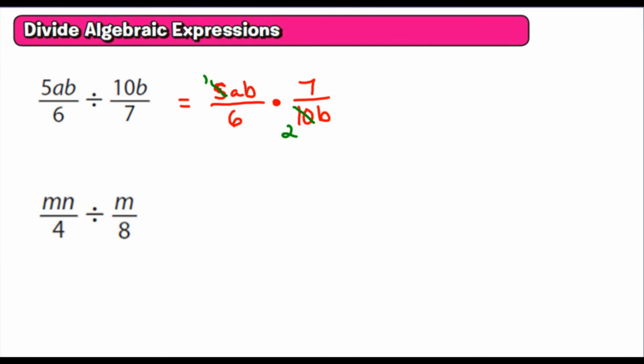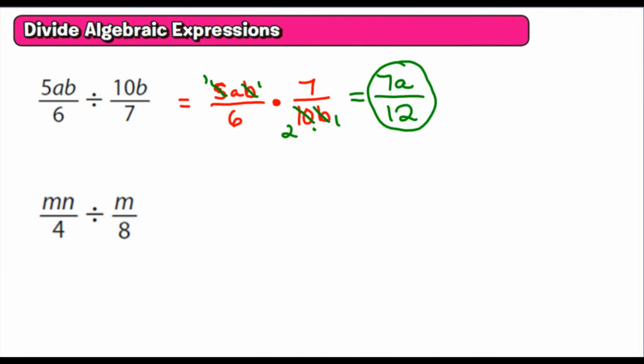And I also have a common factor of b. b divided by b is 1, and b divided by b is 1. So I have 1 times a times 1 times 7 in the numerator, which is 7a, and 6 times 2 times 1 in the denominator, which is 12, and that is simplified. There are no common factors in numerator or denominator, so my result, or my quotient, is 7a over 12. We're just going to treat those variables just like factors.